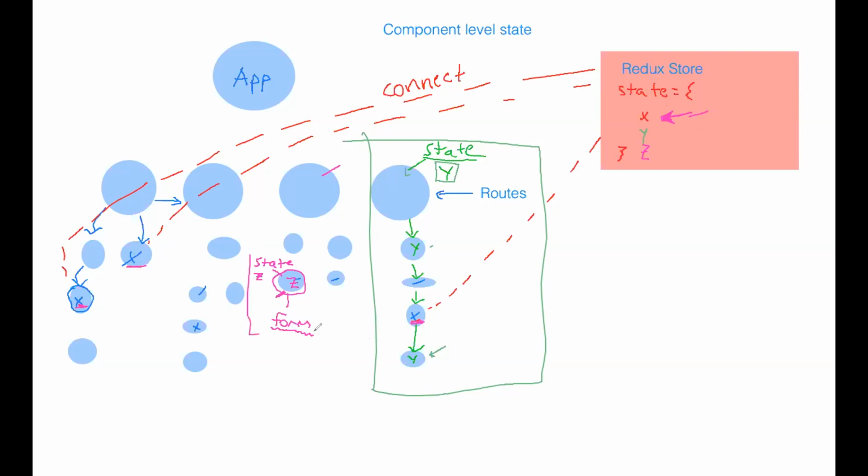So if it's local to just one single component, then just manage that state on the component level. I think it's okay to move state Y to Redux instead of passing it down from level to level all the way down to this final component. So yeah, I would move state Y to Redux, but I would leave state Z in this single component. Okay, that's a great question.